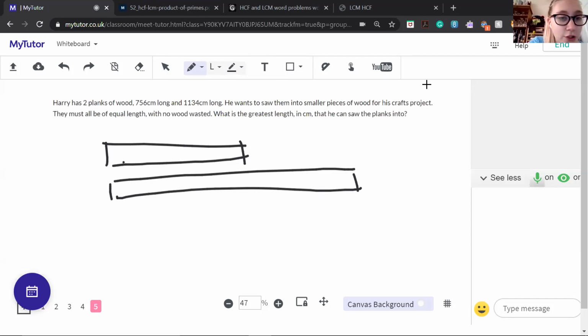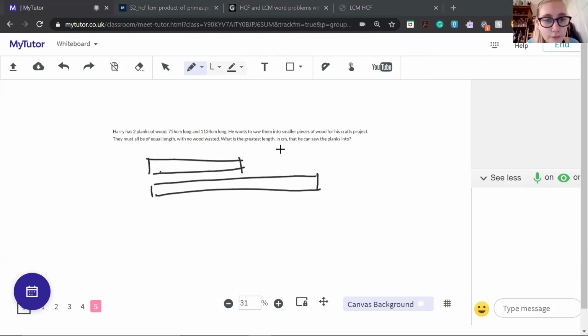We could chop this 756 all into 2 centimeter bits. We could chop it into other bits, but we want them all to be the same. So we want the biggest number that fits exactly into both of them. Hopefully that makes sense why we're doing that.